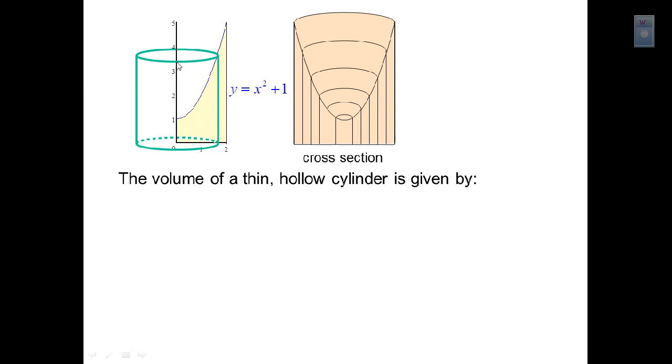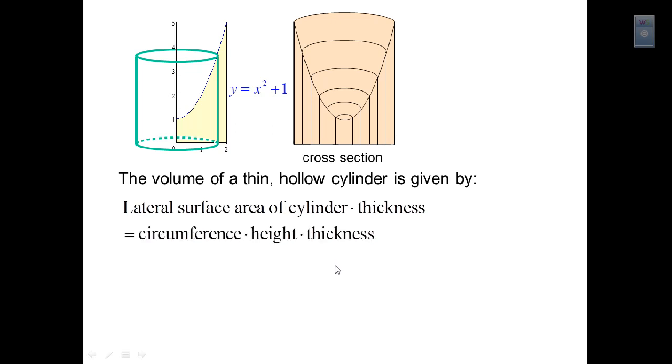Well, if we sliced it here and opened it, the width would be the circumference of the circle. And the height would be what? Whatever your function value was at the time. And the thickness of that thing would be your dx. So it's the circumference times the height times the thickness.